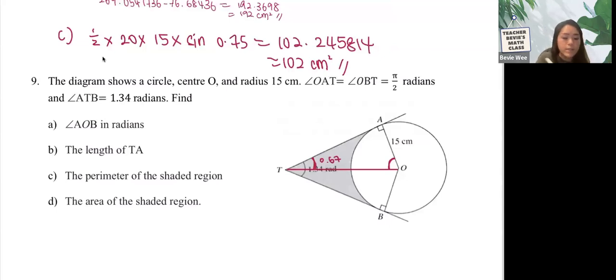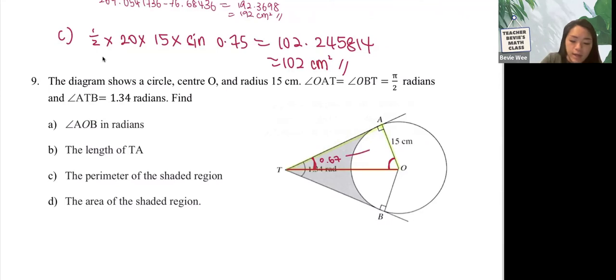Correct or not? And since I'm working with right angle triangle, can I think of sine rule or cosine rule or cannot? Cannot, right? Because right angle triangle, I can only think about SOH CAH TOA.